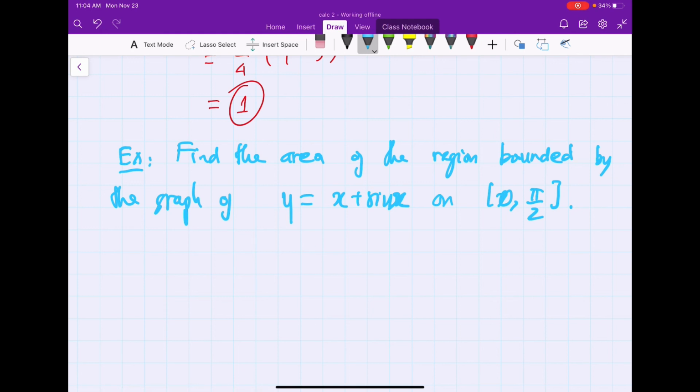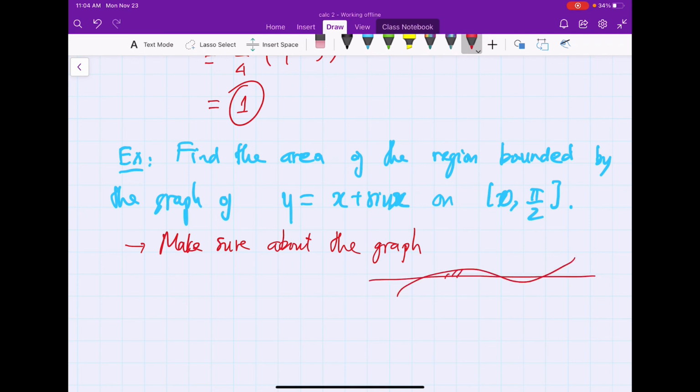So as usual, before you solve every problem, you have to make sure about the graph. If we don't know about the graph of the function, you might have a situation where you have positive area in here and negative area in here.